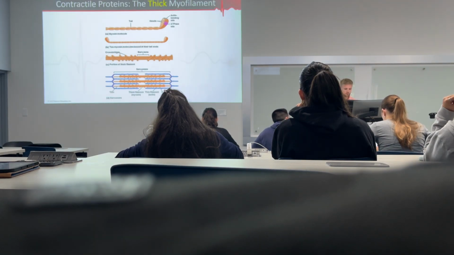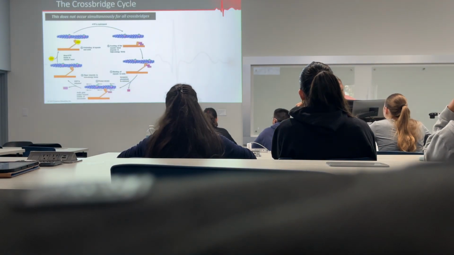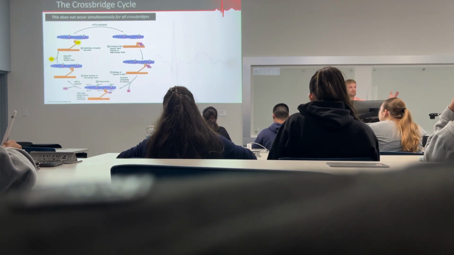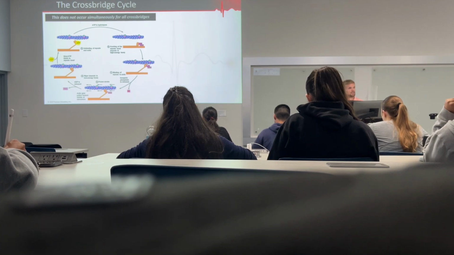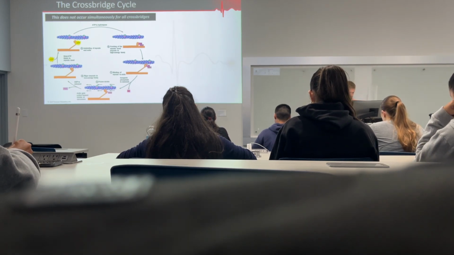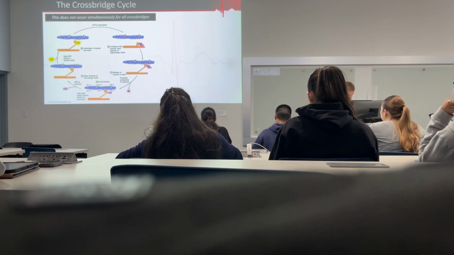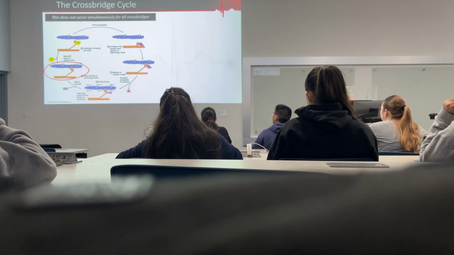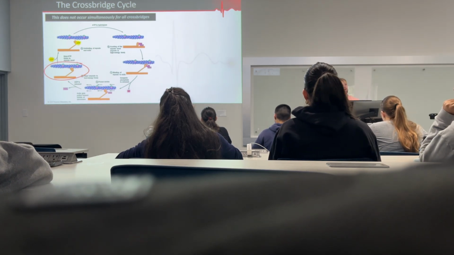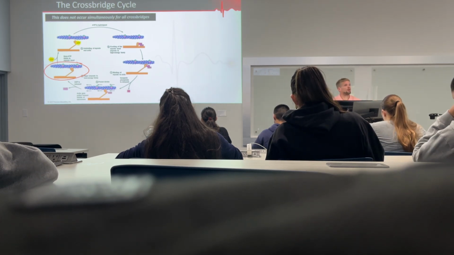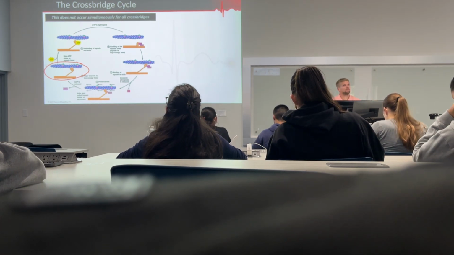This is what's referred to as the cross-bridge cycle. The cross-bridge cycle is the way in which the myosin heads interact with actin within the sarcomere. We're going to start here. This is what's called the rigor state. We've heard of rigor mortis before. That's where this comes from.